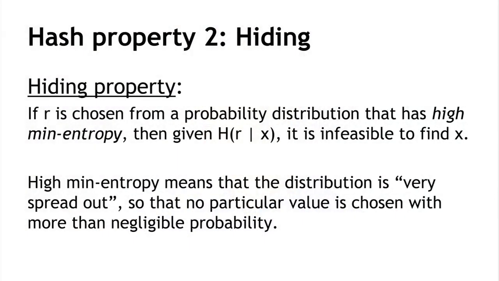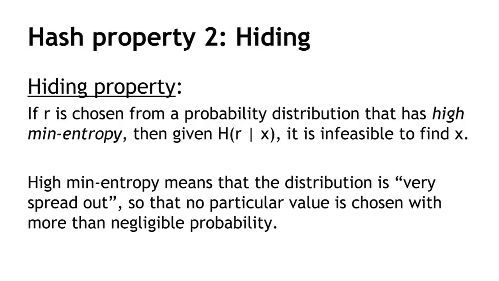So the hiding property that we are going to need to set up is a little bit more complicated. And the way we're going to fix this problem with the common value x, like heads and tails, is we're going to take the x and we're going to concatenate with it a value r, which is chosen from a distribution that's really spread out. And so this H of r concatenated with x means take all the bits of r and put after them all the bits of x.